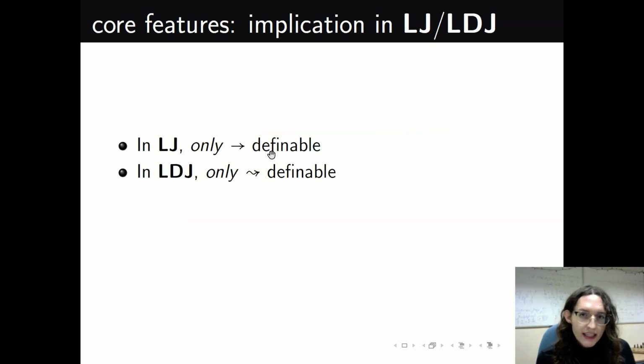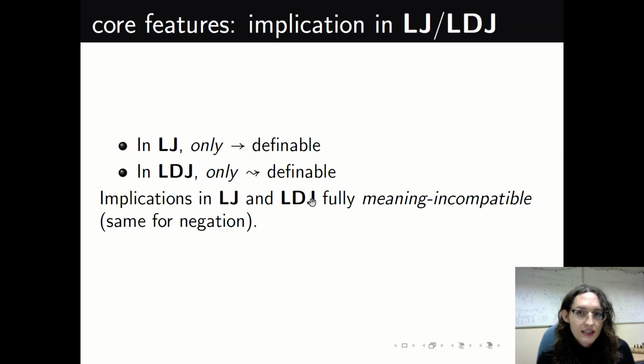Now, if we look at the conditional in more detail, we'll see that in LJ we can only define right arrow. In LDJ we can only define right squig arrow, so only multiplicative and additive versions of the conditional. This means right arrow and right squig arrow, and correspondingly if-then in LJ and if-then in LDJ, are fully meaning incompatible.